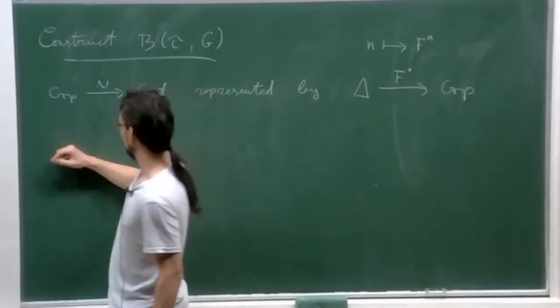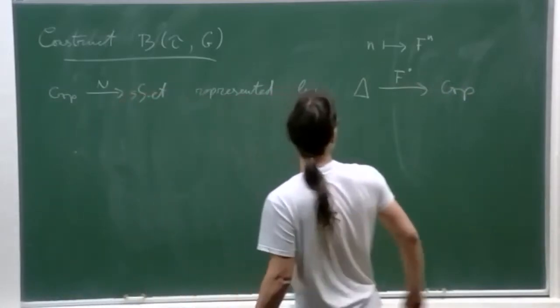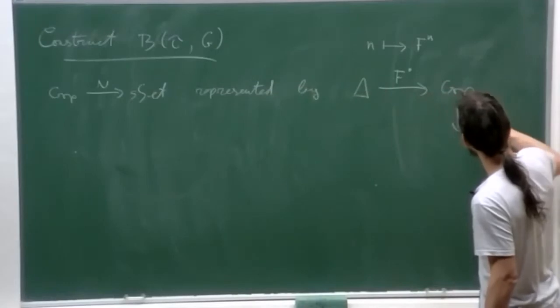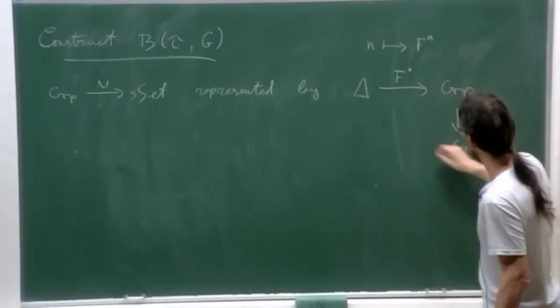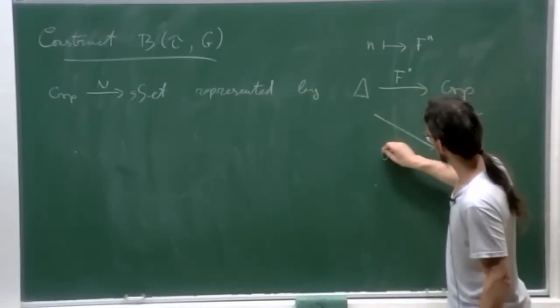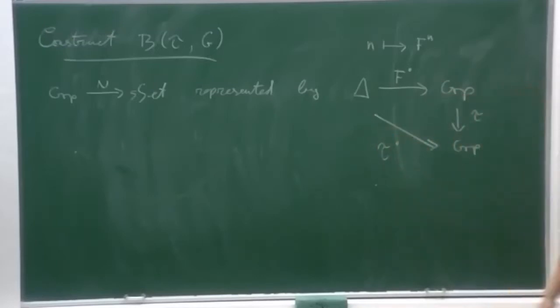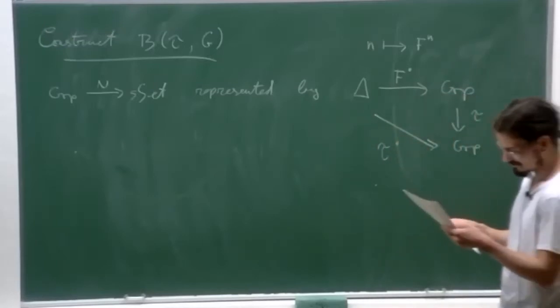And then, if you're equipped with an endofunctor tau, then you can just get a co-simplicial group out of tau.